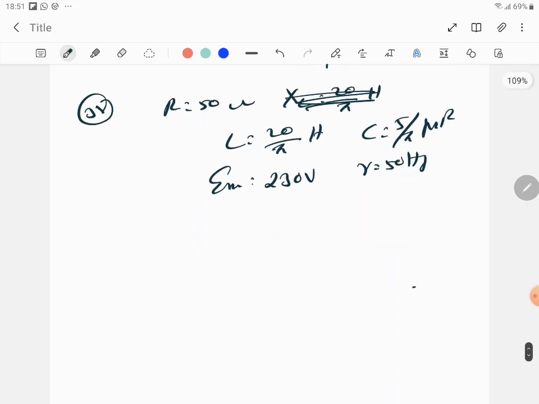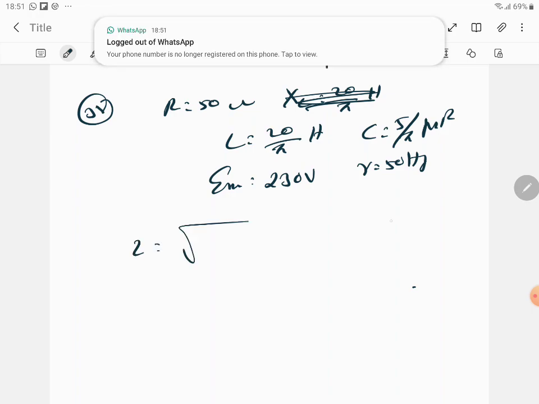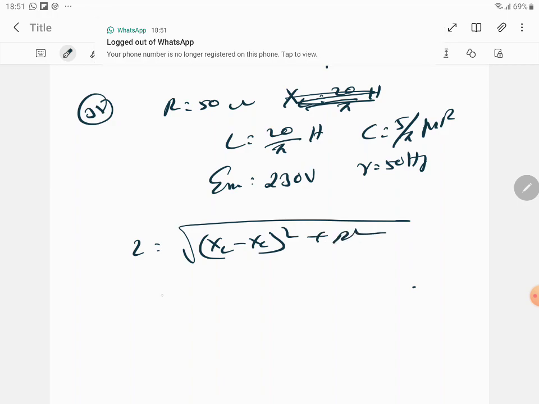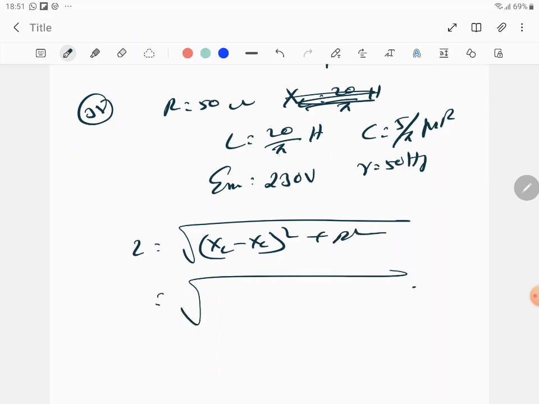Doesn't matter, impedance is always root of (XL minus XC) the whole square plus R square. That's all the impedance is. XL is L omega, which is 20 by pi into omega, where omega is 2 pi into 50 hertz. The pi and pi get cancelled.